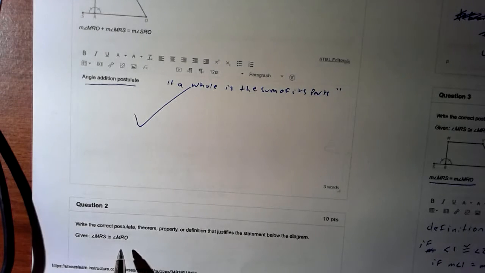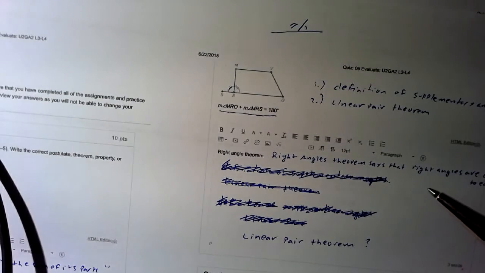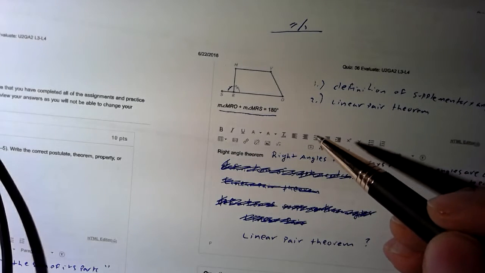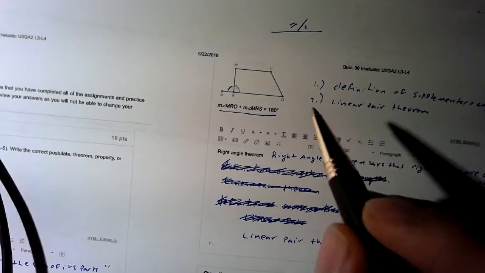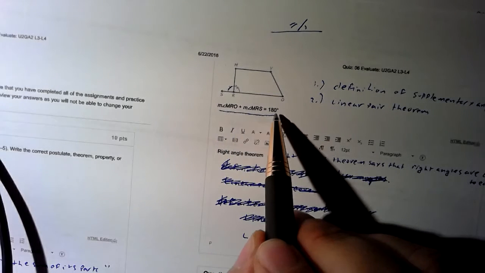We already know that, so we don't have to use the right angles theorem, because it would tell us that if the angles are right angles, then they're congruent. We don't need to justify the statement that they are congruent. What we need to justify is the statement that the sum of the two angles is 180.